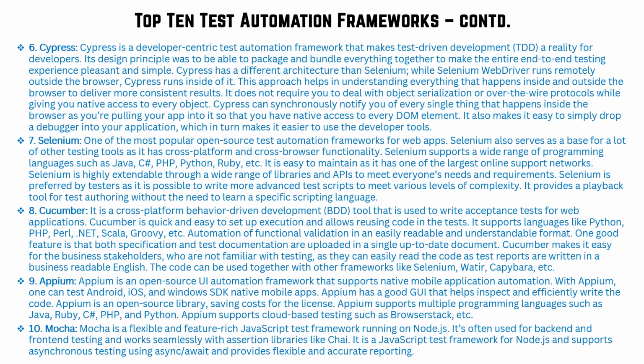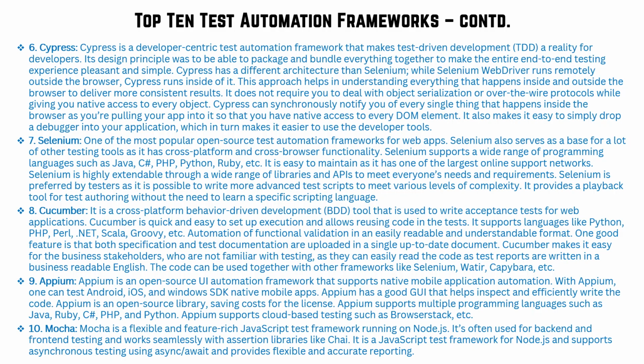So it is especially for BDD, behavior-driven development centered projects. You can use Cucumber. Again, Cucumber supports different languages like Python, PHP, Perl, Groovy. In Cucumber, not only testers, but your developers, product owner, and Scrum Master can all contribute to the BDD Cucumber project.